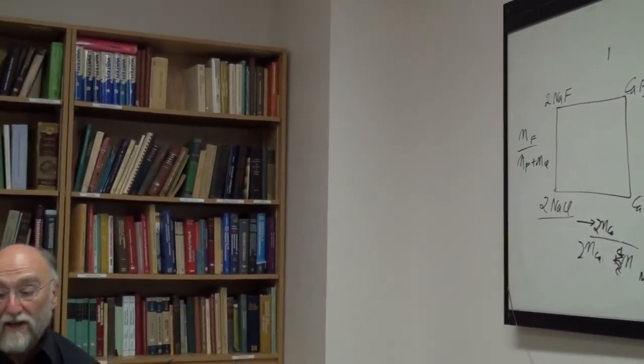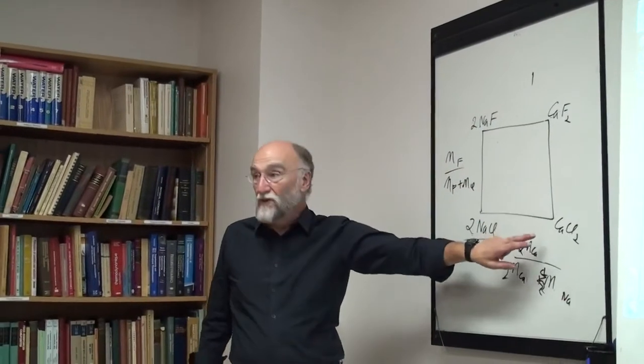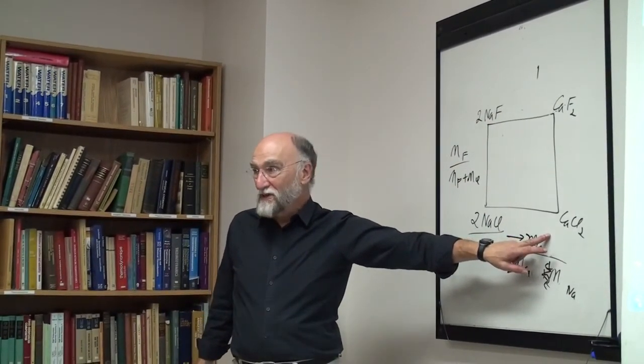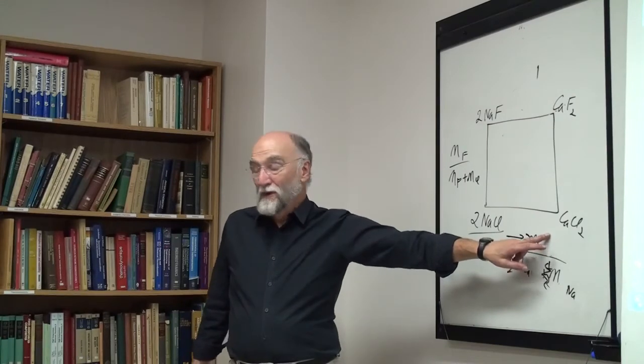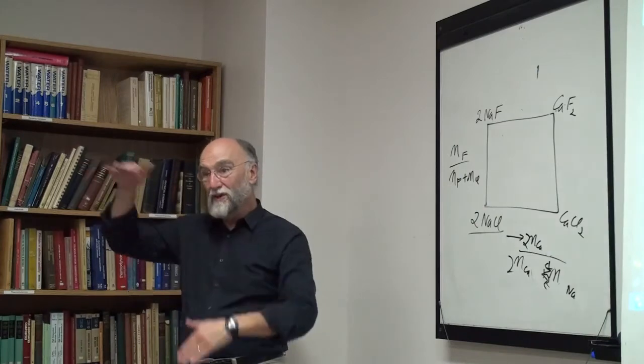And this is actually how you have to set this up. If you're going to calculate this diagram with FactSage, this is the way you're going to have to set it up. If you try to use FactSage and you try to define your components as NaCl, NaF, calcium fluoride, and calcium chloride, you're going to get in real trouble. You can do it, but it's going to be a real bugger, because then you're defining a quaternary system, and you're going to have to define somehow the plane.